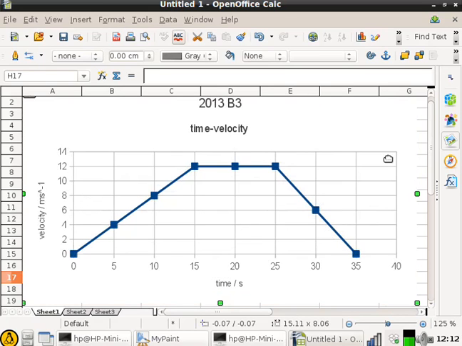You give me that on graph paper, I'll give you 4 marks. Not bad, right? So that's part 1.